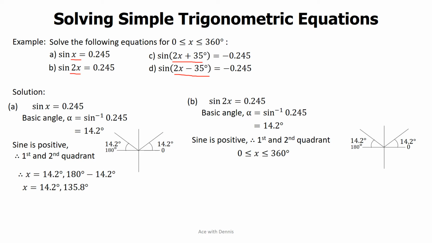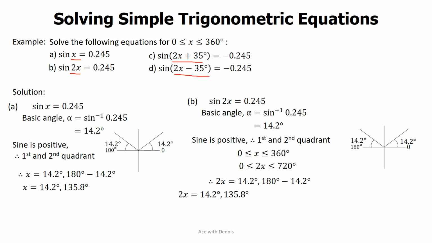Now we need to take one more step, which is to check the range. Given the range of x is from 0 to 360 degrees, 2x will be 0 to 720 degrees. Okay, so now the answer for this question is 2x equals 14.2 degrees, and 180 degrees minus 14.2 degrees, which will give us 14.2 degrees and 165.8 degrees.